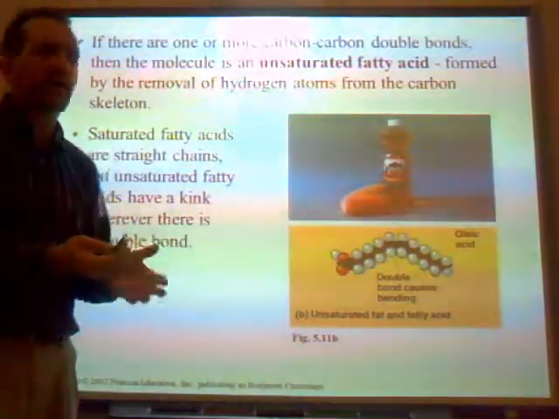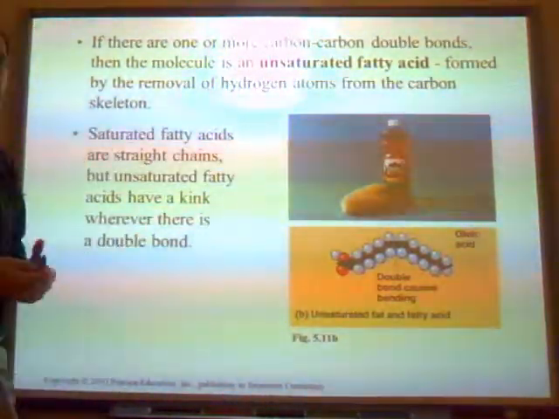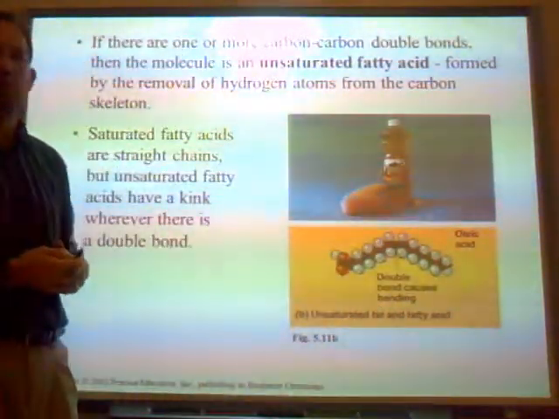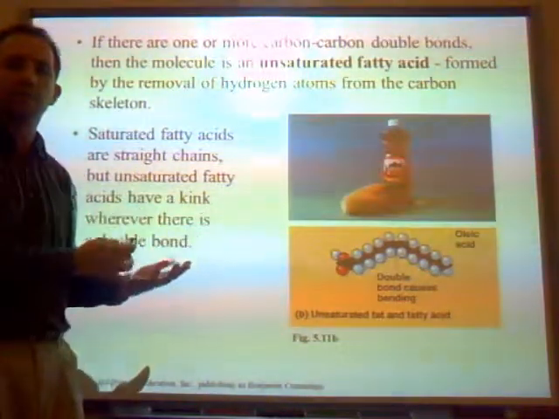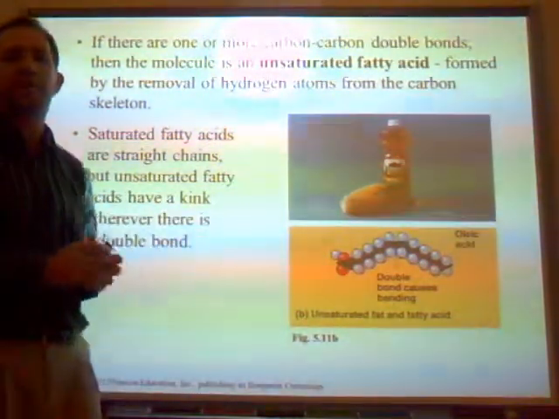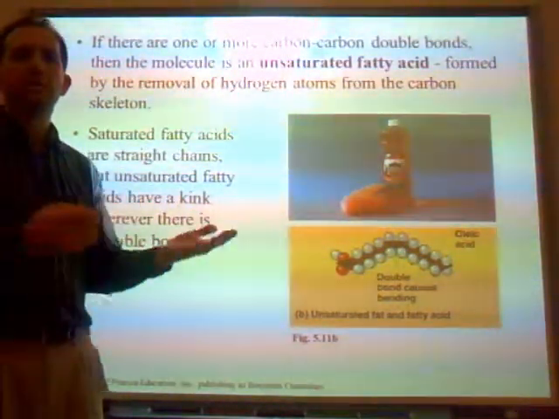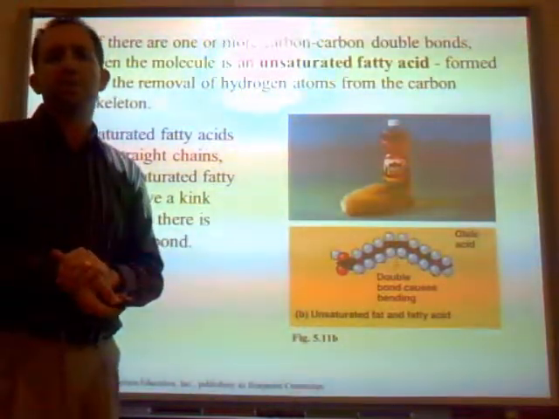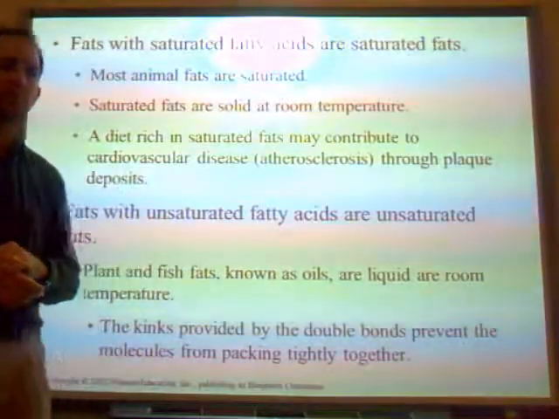Because of that, your unsaturated fatty acids are going to remain liquids at room temperature, and you get this kink that is formed because of those double bonds. Everywhere there is a double bond, that is one less hydrogen that can be on that individual carbon atom. So if you have two carbons that are double bonded, that's two hydrogens that are now unable to occupy those spaces. So we call those unsaturated.